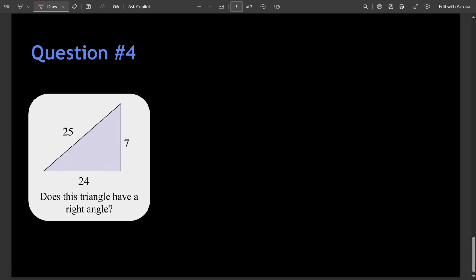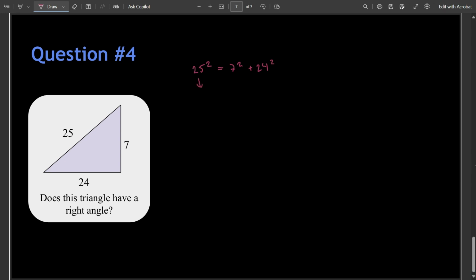Here we have our last question. Feel free to try it out by yourself first. So we need to determine whether this triangle has a right angle. And to do this, we just see if the Pythagoras theorem holds true. So we plug in our numbers. 25 squared, which is our c, is equal to 7 squared plus 24 squared.